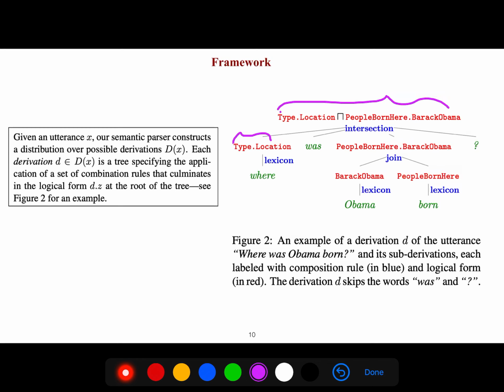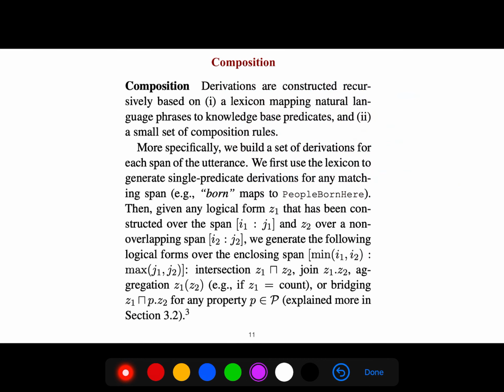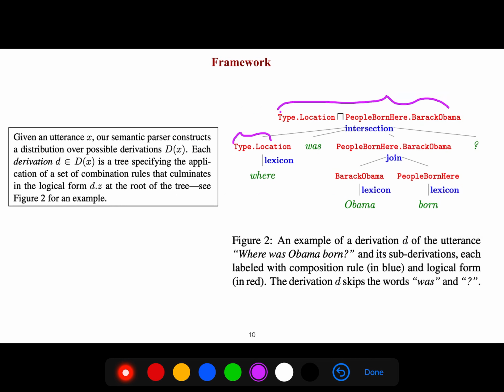And for each derivation, D here is a tree, which specifies the application of a set of combination rules. And we have composition. I mean, derivations are, for example, this is one derivation. This is just one derivation. We don't know which derivation is better. Just like dependency parsing that I will explain.